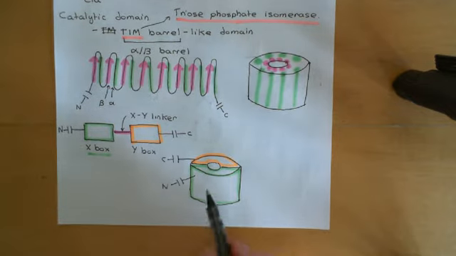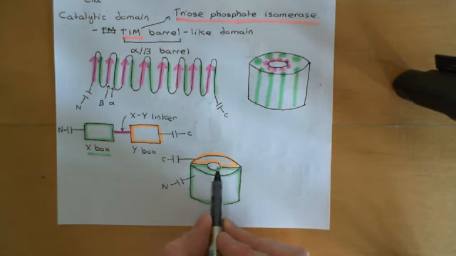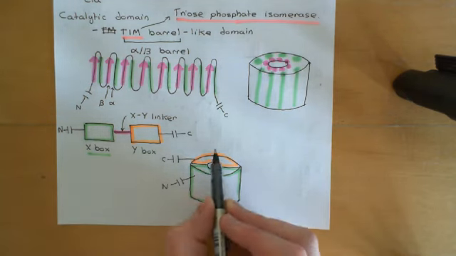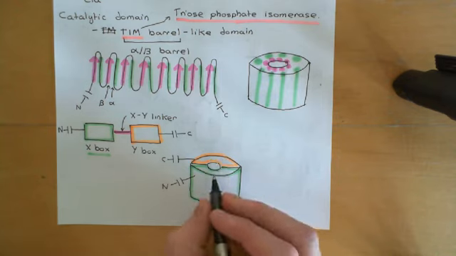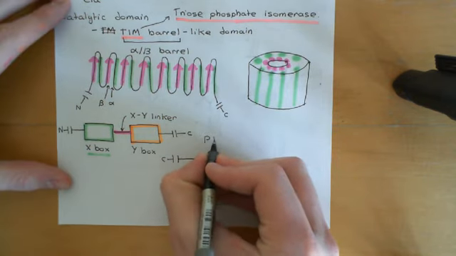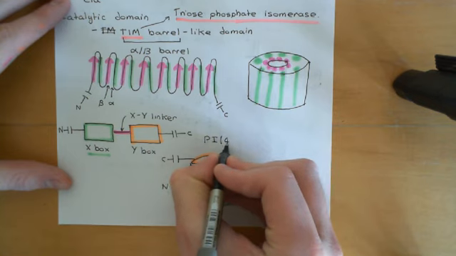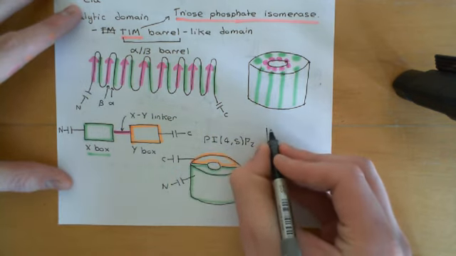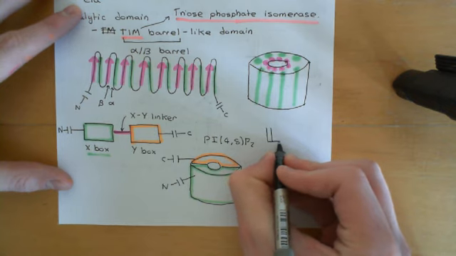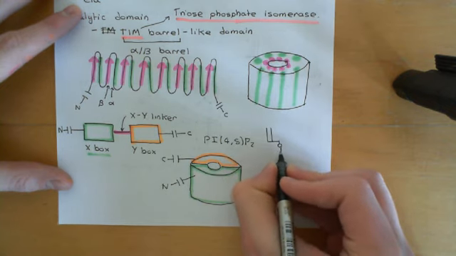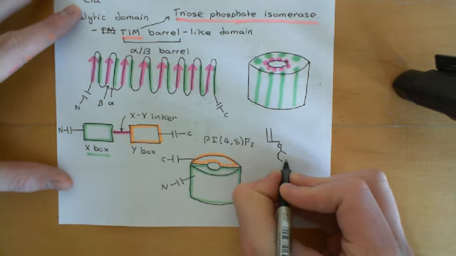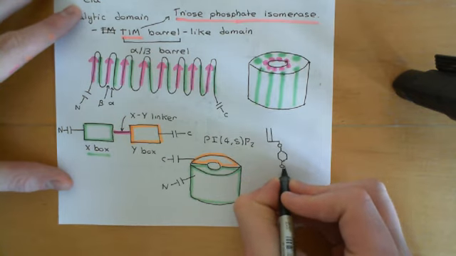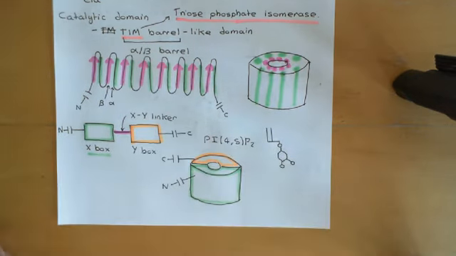Now what's crucial is that this little site here in the middle of the tin barrel-like domain is where the phosphatidylinositol 4,5-bisphosphate is going to insert its head. If I just draw a quick picture of phosphatidylinositol 4,5-bisphosphate, here is the phosphatidic acid molecule, here is our inositol ring, and here are our phosphate groups coming off the 4th and the 5th carbons.